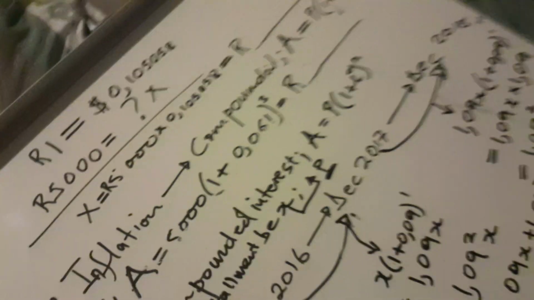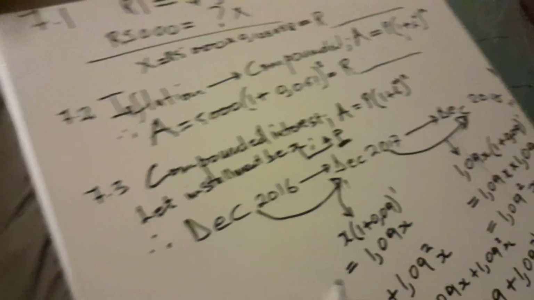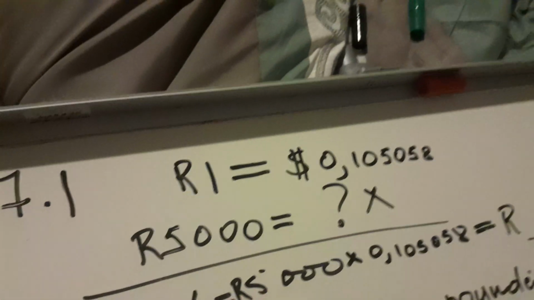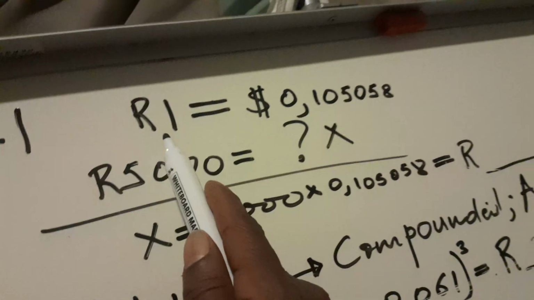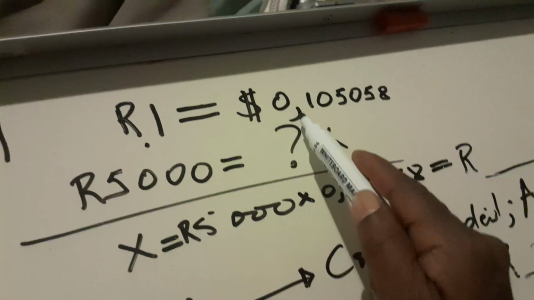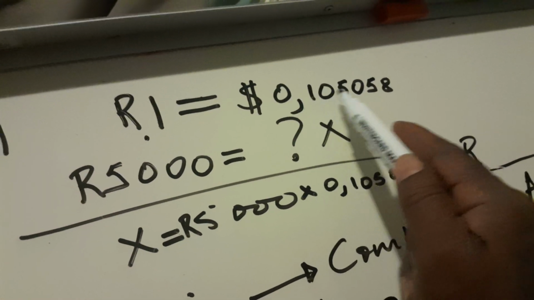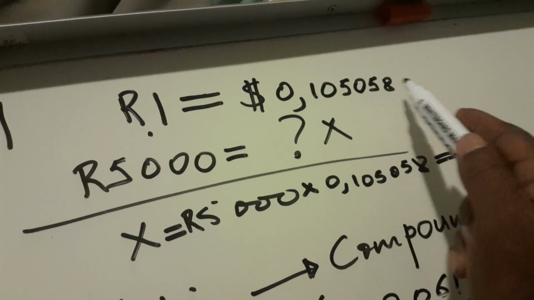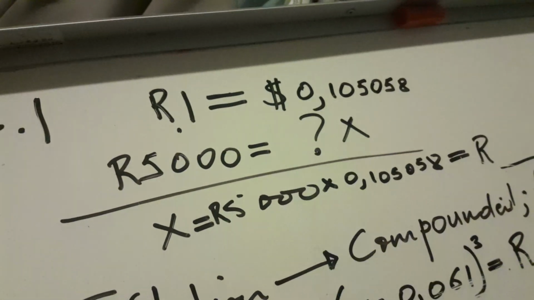Okay, then going to the question now. The exchange rate is quite simple. We just use a simple ratio. 1 rand, it's given that it's 0,105058 Australian dollars.